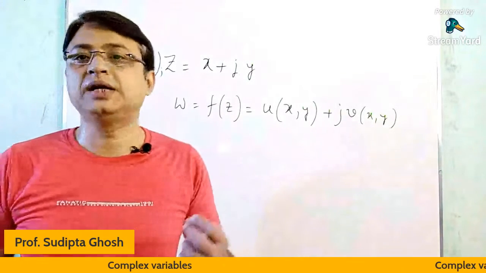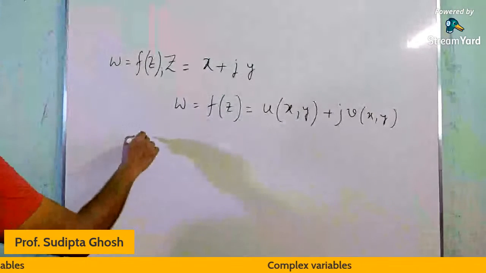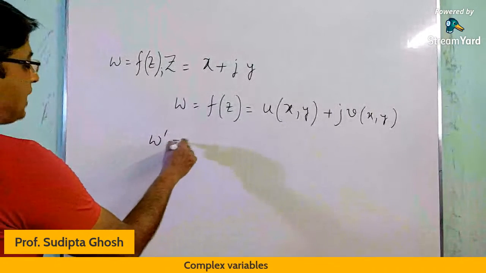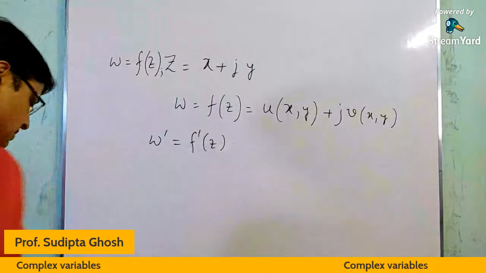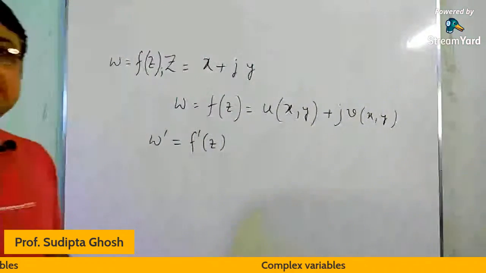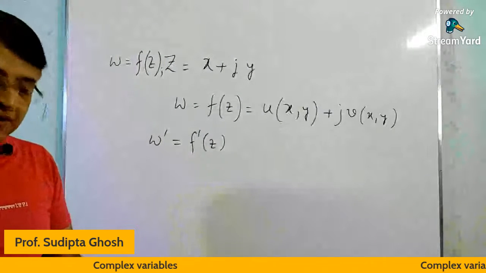If we differentiate W with respect to Z, that is, if we find W prime, that is f prime Z, which may be a single valued or it may be a multi-valued function.